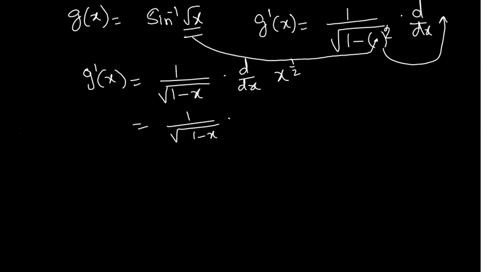I am saying if you have x to the power of n, the differentiation of x to the power of n, right? The formula is n into x to the power of n minus 1.